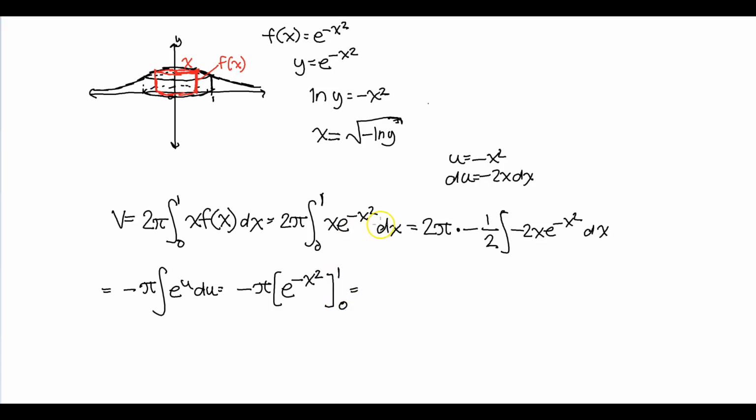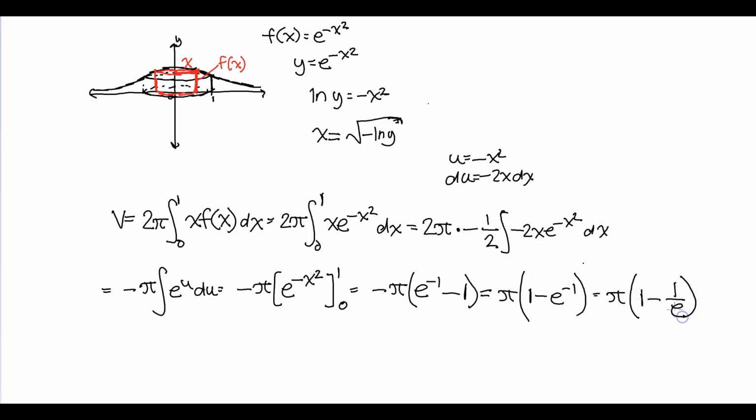And our volume we got is negative pi times e to the negative 1 minus 1. And the quantity inside our parentheses ends up being negative. So what we can do is remove all the ugly negative signs and make it look a bit nicer. And we get our final volume as pi times 1 minus 1 over e.